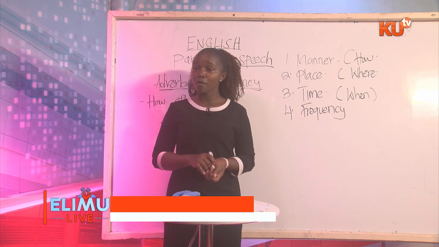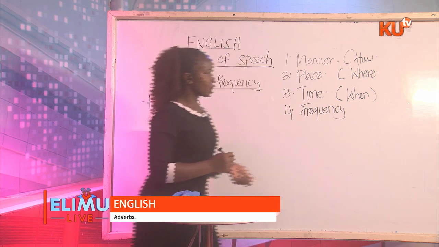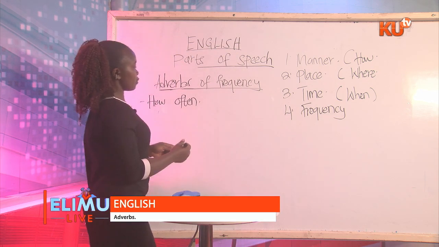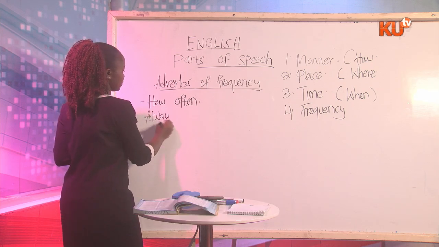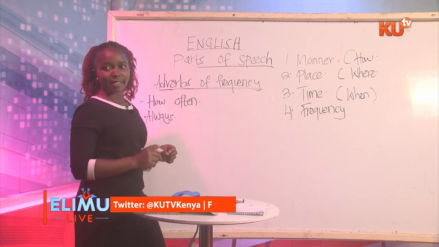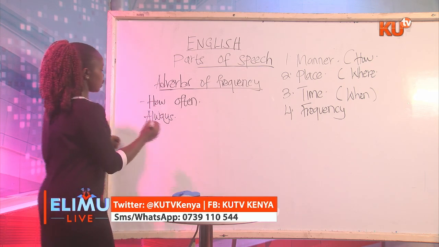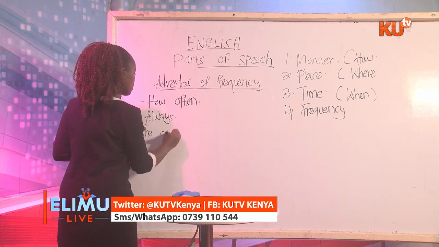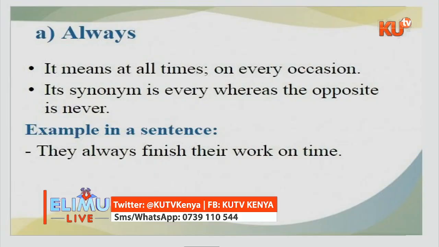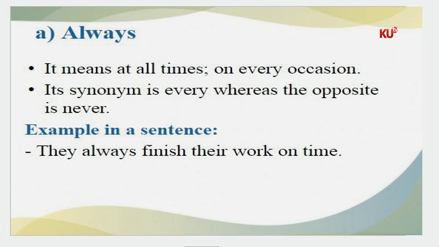It is a synonym of ever. So some of the examples we have said of adverbs of frequency include always. Now I'm going to give an example. She always comes home.